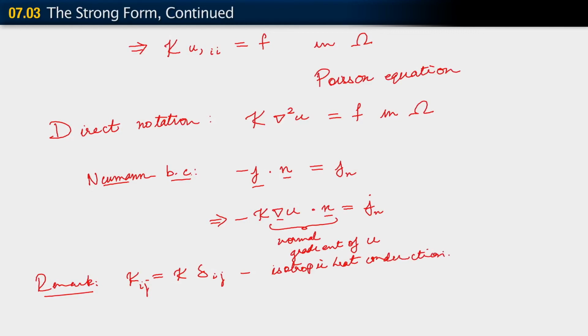We are specifying that when heat is flowing in this body, heat flows only in the direction of a temperature gradient. If we introduce a temperature gradient in one direction, it does not induce heat flow in any other direction.